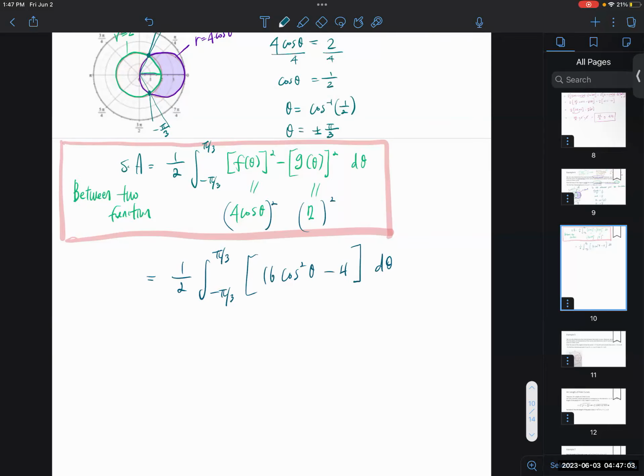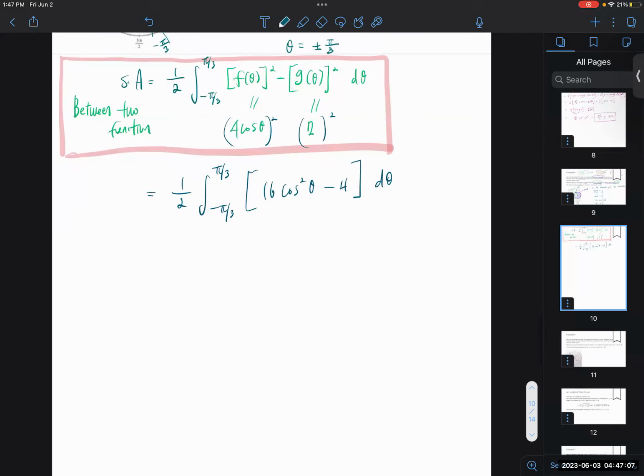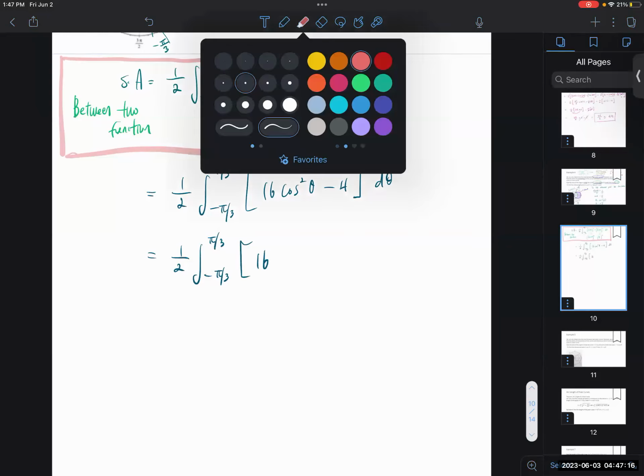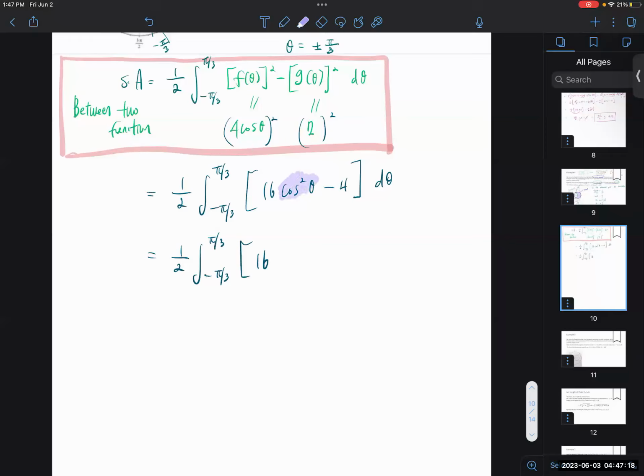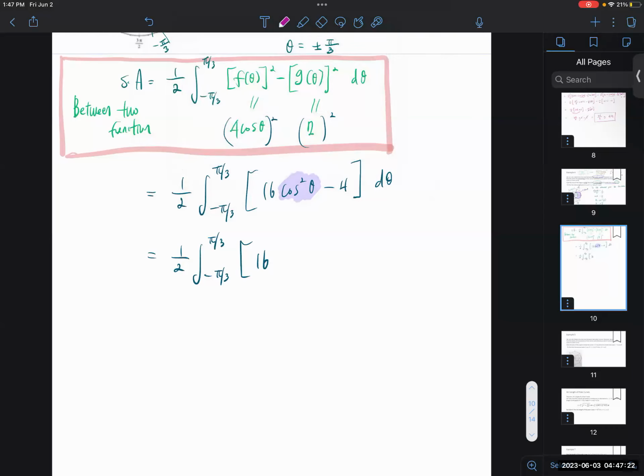So now what are we going to do? We're going to take the integral. 1/2 integral from minus pi over 3 to positive pi over 3 of 16 cosine squared theta. Ooh, what happened? This is a double angle, so I can reduce it. If you simplify, cosine squared theta is 1/2 times 1 plus cosine 2 theta.